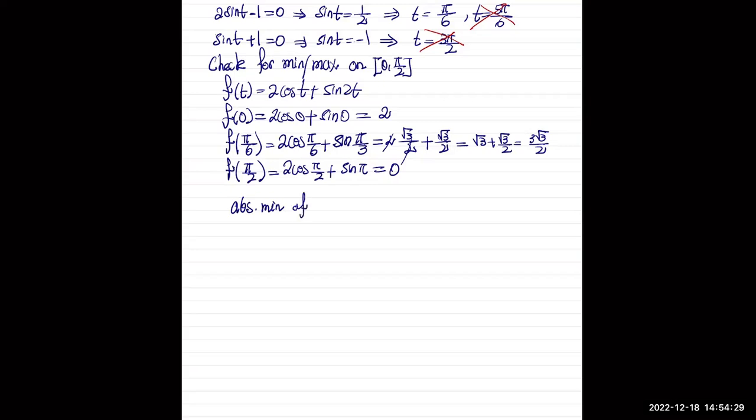Absolute minimum of f is 0, which happens at x equal to pi over 2, and absolute max of f is 3 root 3 over 2, which happens at x equal to pi over 6.